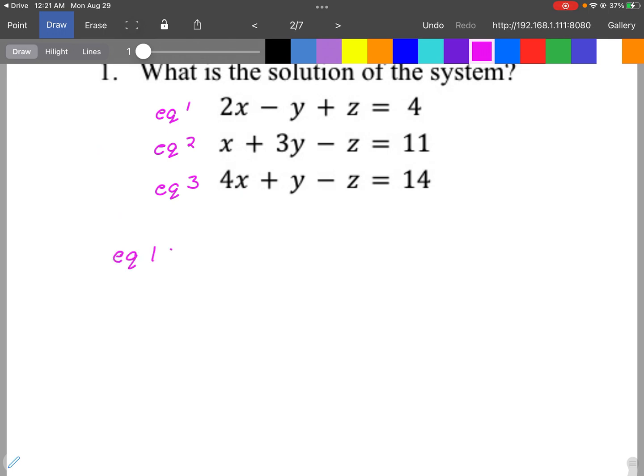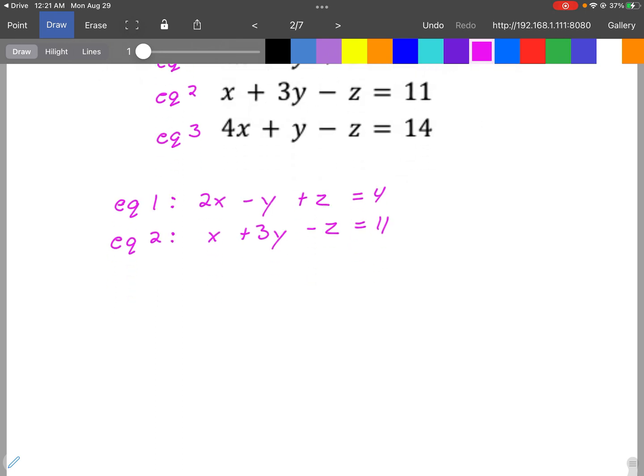So I'm going to take equation 1, which is 2x minus y plus z equals 4. I'm going to take equation 2 just the way it is, x plus 3y minus z equals 11. And I'm going to combine those.